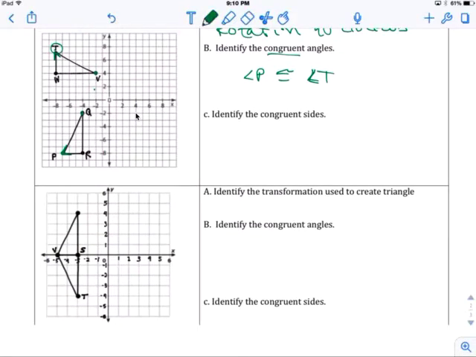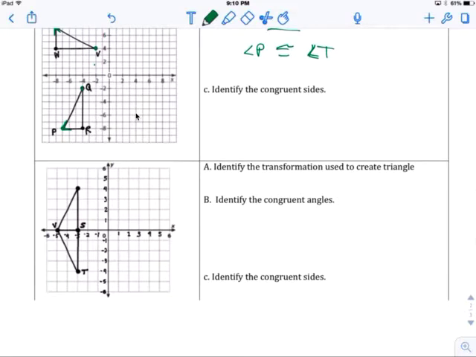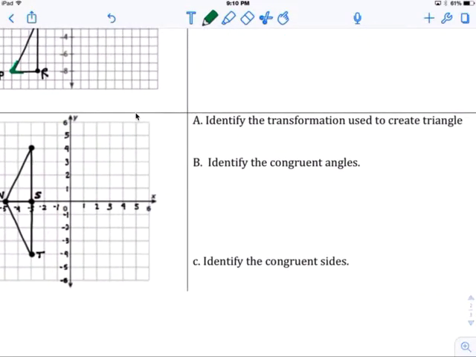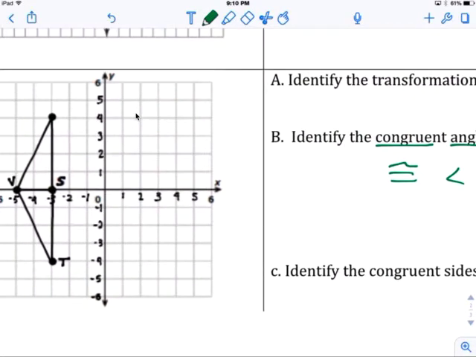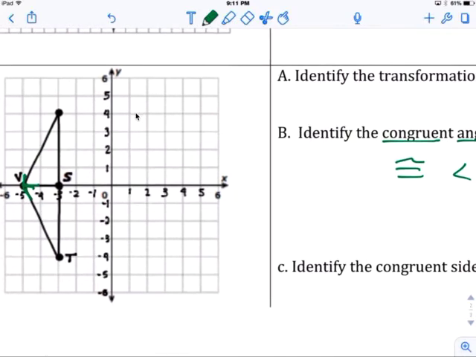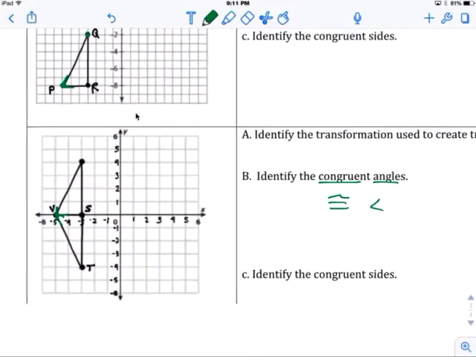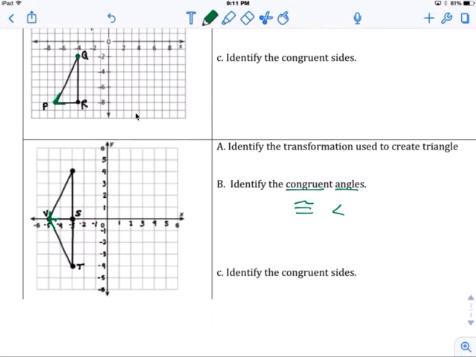And write the congruent angles. So in this case here, angle V is congruent to, oh, I didn't put the letters in. I hope on yours I put the letters in. I don't know what letter I used, so I can't say.